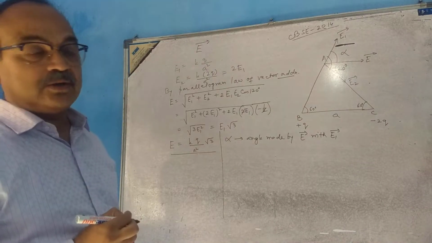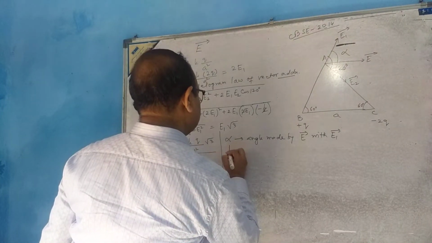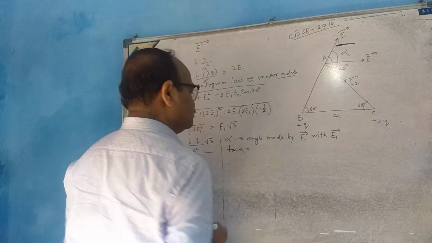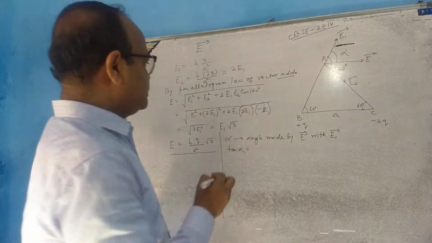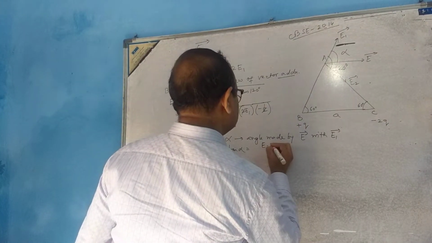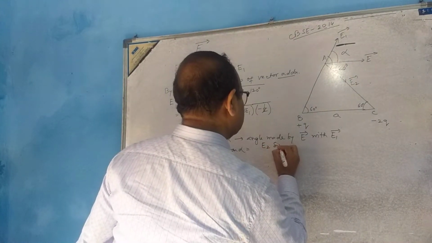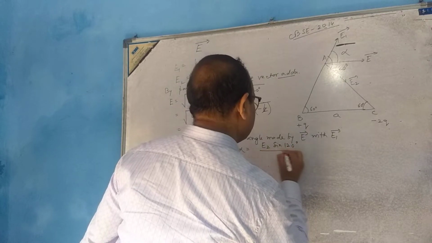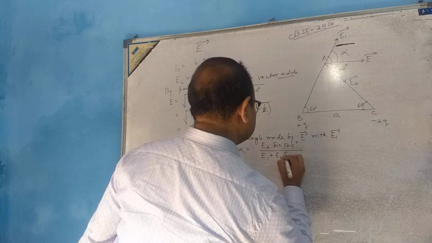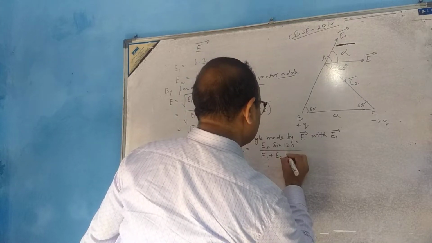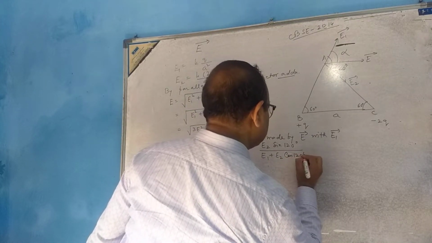Then according to the parallelogram law, what do we have? Tan alpha, I hope all of you know, is equal to E2 sine 120 degree by E1 plus E2 cos 120 degree.